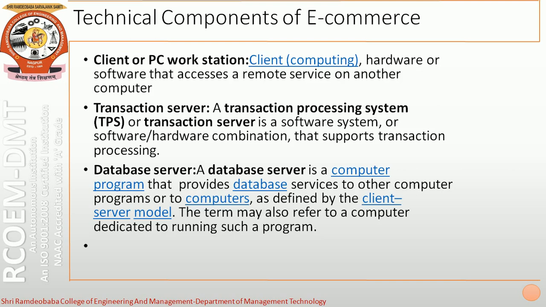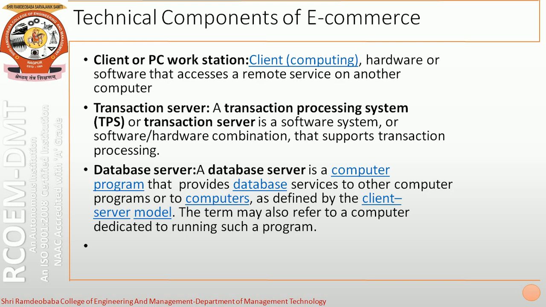Now we will look at the technical components of e-commerce, what all the different components that facilitate e-commerce are. The first one is a client or PC workstation, so hardware or software that accesses a remote service on another computer is required. Then the transaction server: a transaction processing system or transaction server is a software system or software-hardware combination that supports transaction processing.